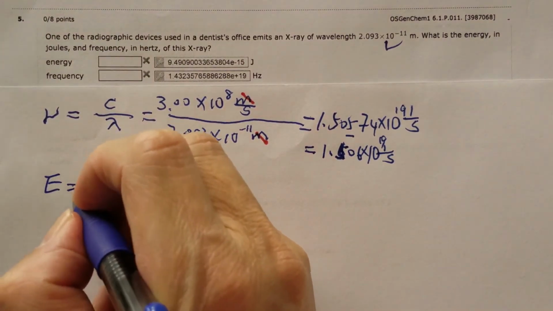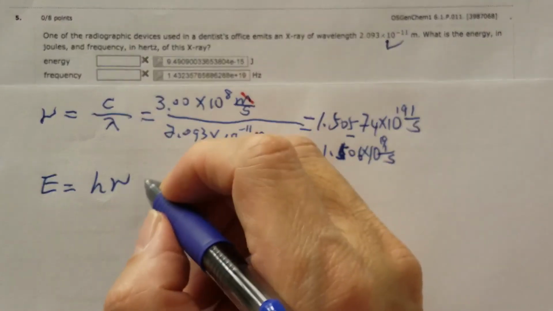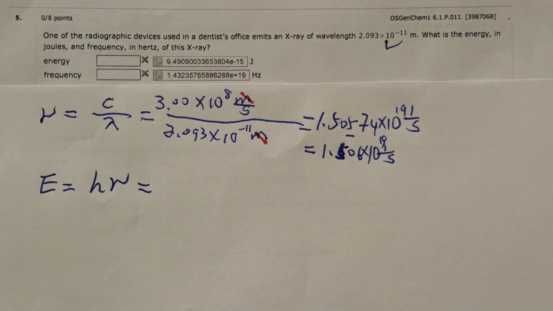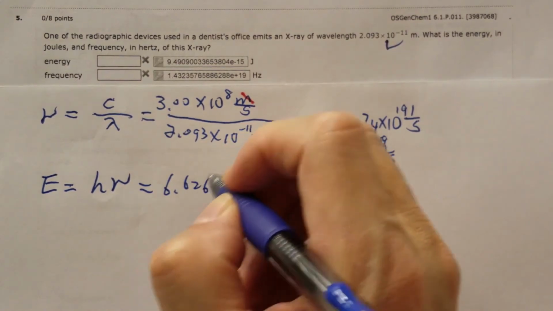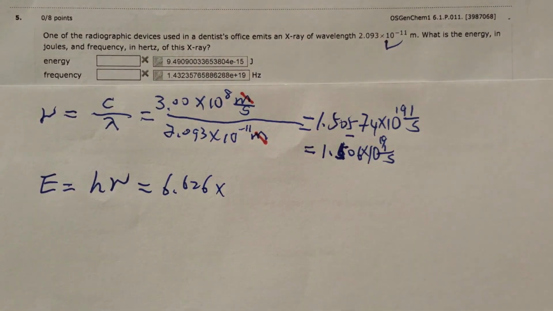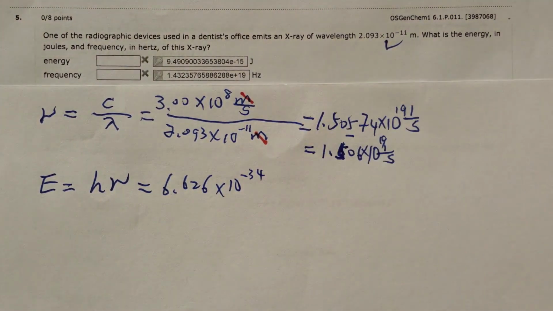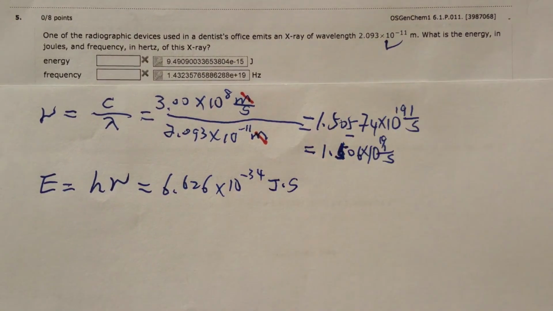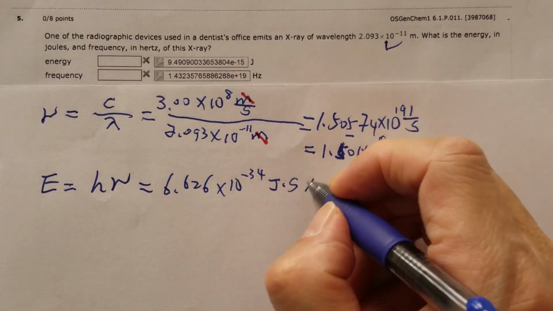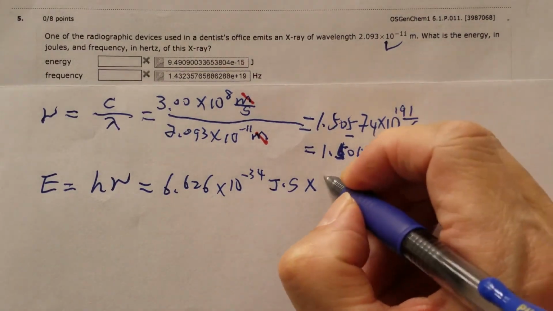Energy, the other key equation in this chapter, is h nu. And h is the Planck constant. The unit for Planck constant is joule second. Now times the frequency we just calculated.